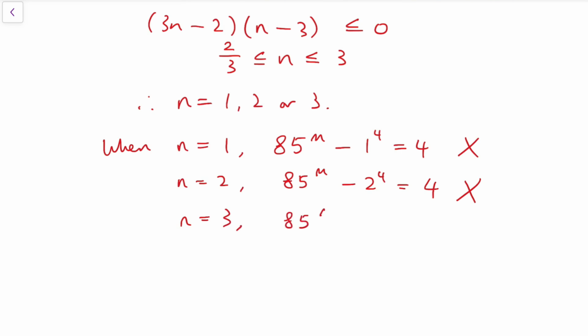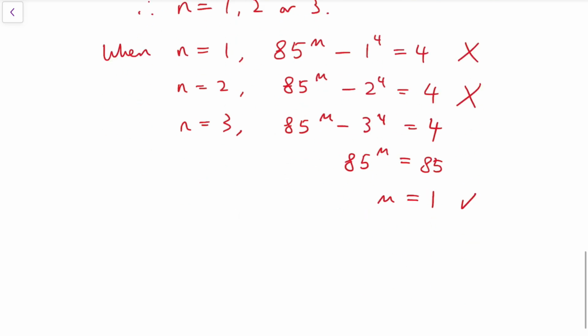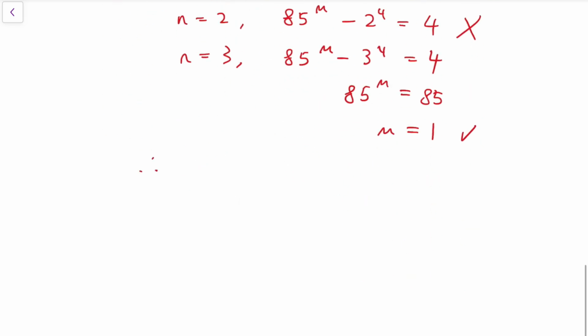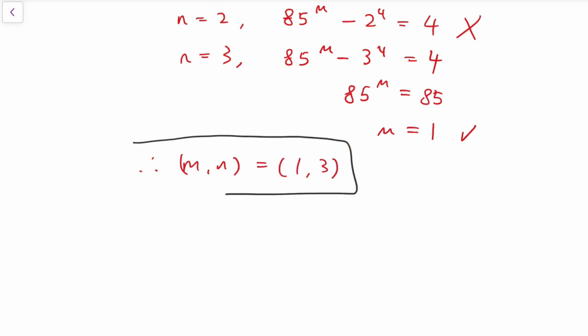Finally, when n equals 3, we have 85 to the power m equals 85, and that means m equals 1. So that's a valid solution, and that means the only solution that we can have is m equals 1 and n equals 3. So this is the final answer.